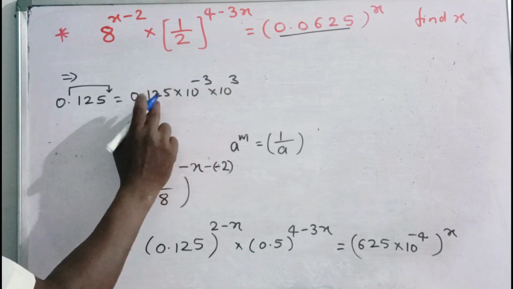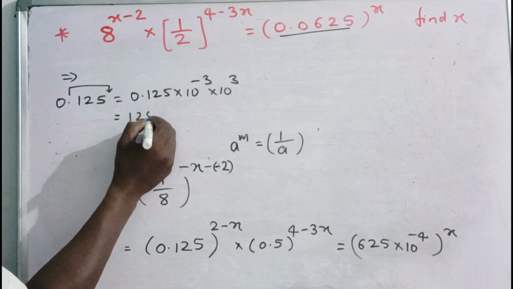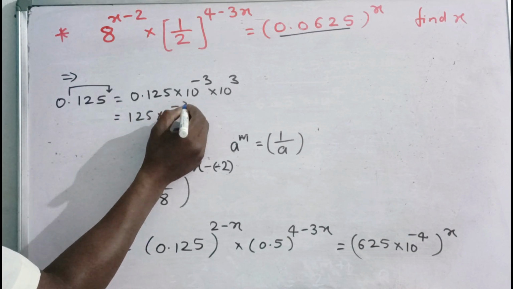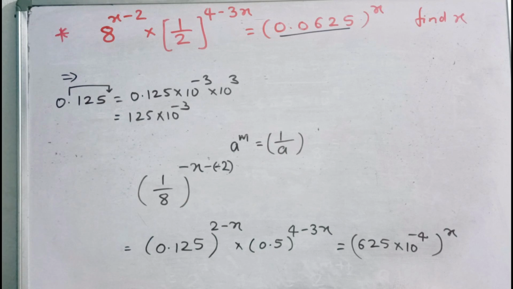Now multiplication of these two becomes 125 into 10 to the power minus 3.